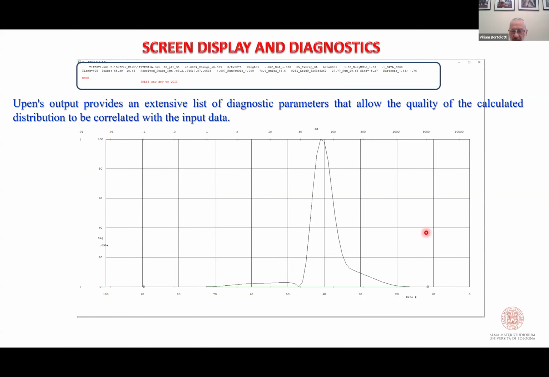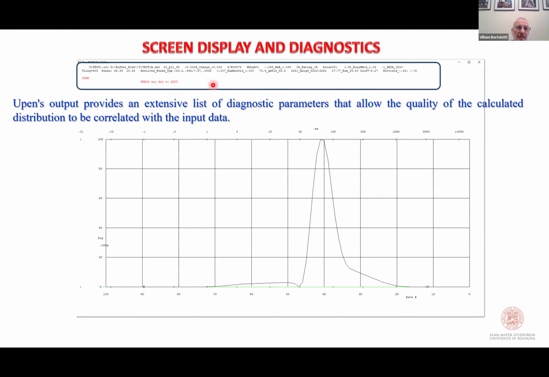Another thing I didn't explain: we are working in 1D, so CPMG and inversion recovery. We developed a set of software based on OPEN working in 2D: T1-T2, T2-T2, diffusion-T2, etc. And also for working with NMRD, fast field cycling, at the same time.